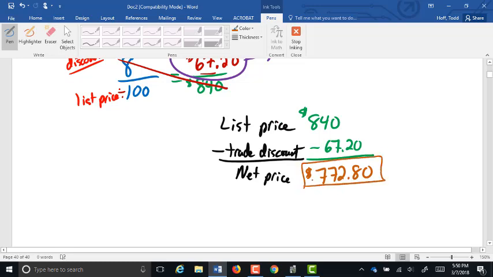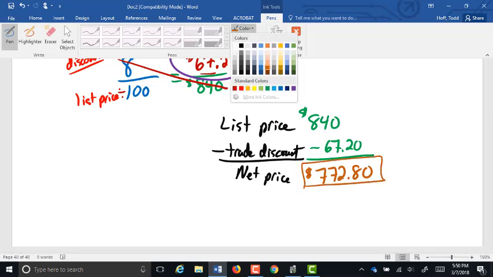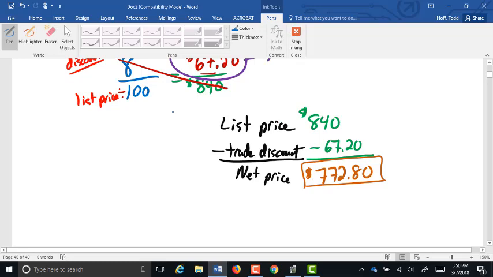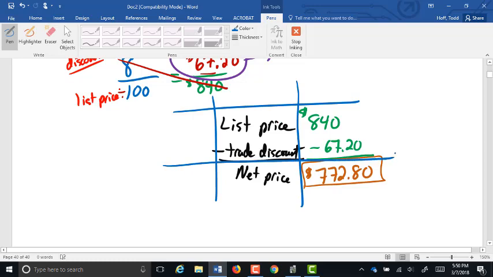Now, as you're looking at this, some of you may have recognized this to be similar to a tool we used in Unit 1 when talking about percent increase or decrease. A trade discount is just a percent decrease.